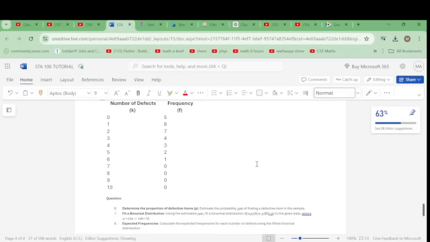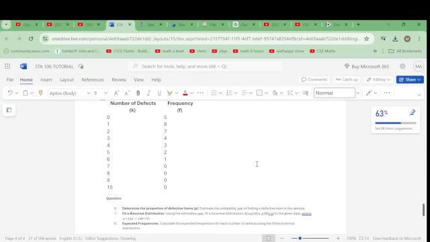If you are using FX 991 ES plus, before doing this, go to mode, press 3, then press 1, click on AC, then click on shift, press mode, press the down button, go to number 4, and then click on number 1.